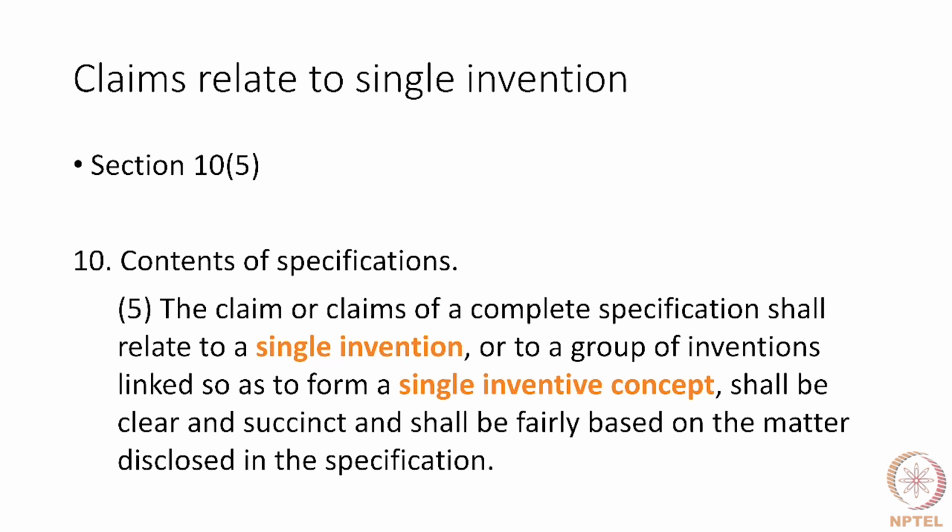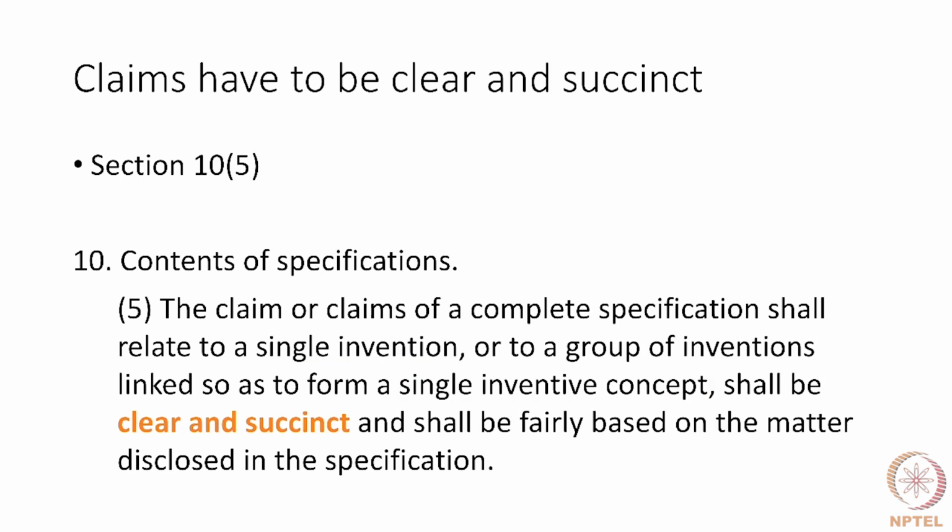So the claims should relate to a single invention or a single inventive concept. The claims have to be clear and succinct. Now, being clear is to be without ambiguity, and to be succinct is to be precise.